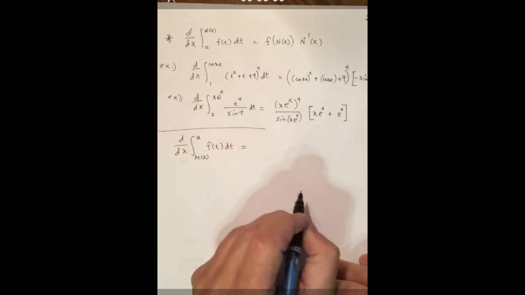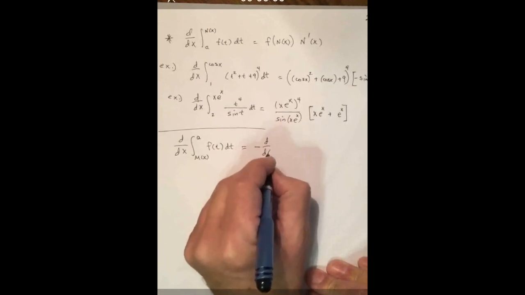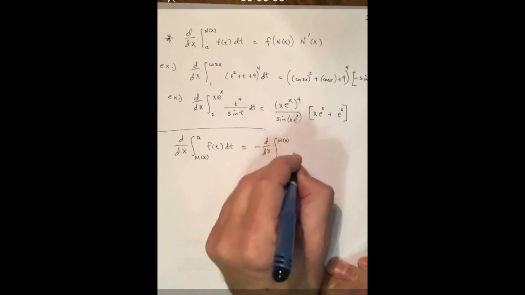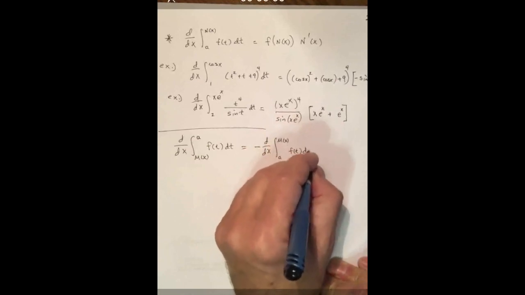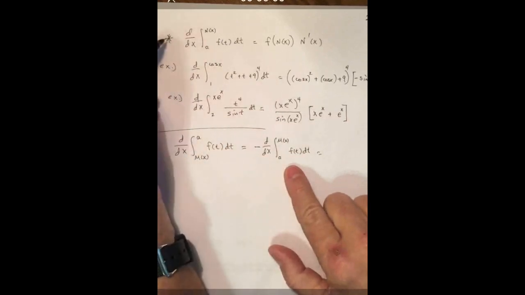A negative sign is introduced. So we're going to make this minus the derivative with respect to x of the integral from a to m of x of f of t dt.